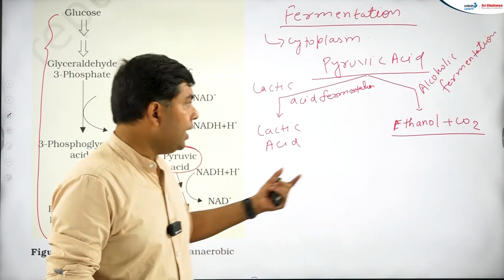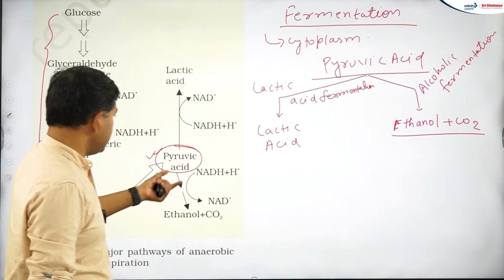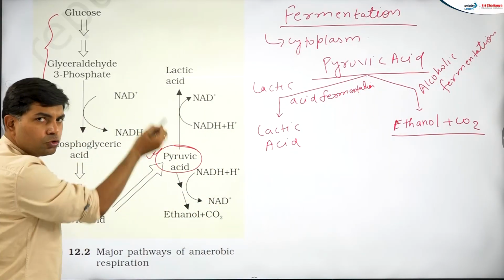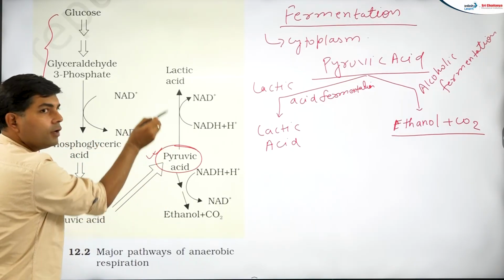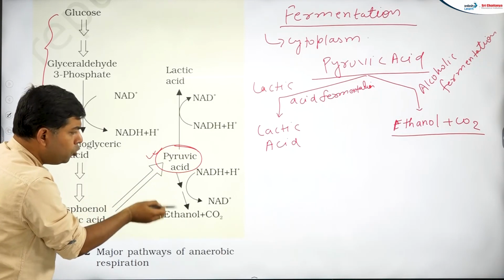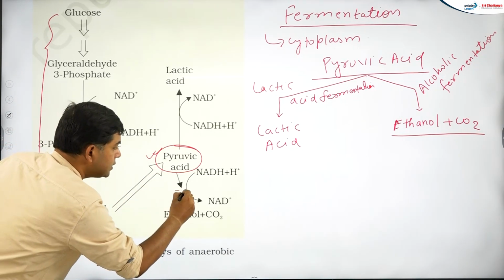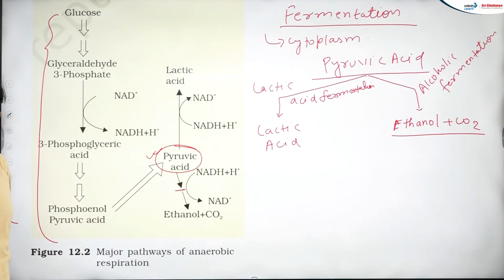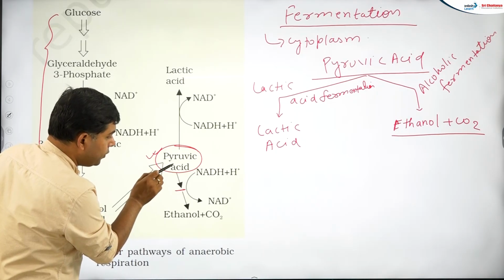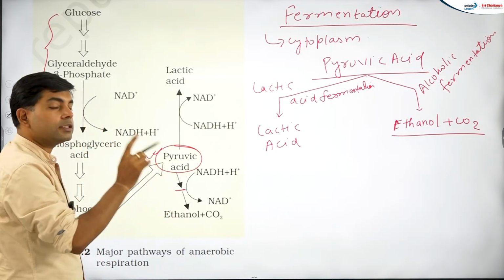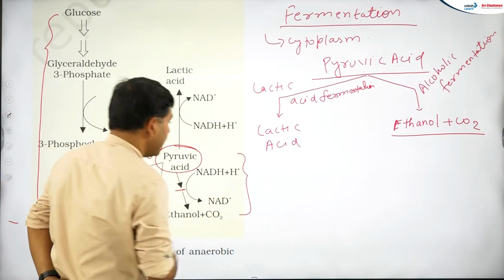So here, in the formation of ethanol from pyruvic acid, see what is the difference in these two branches? You can see 2 arrows are given here and 1 arrow is given here. Why 2 arrows? It's not a mistake. 2 arrows means it is a two-step process. Conversion of pyruvic acid to ethanol is a two-step process, so it involves 2 enzymes.